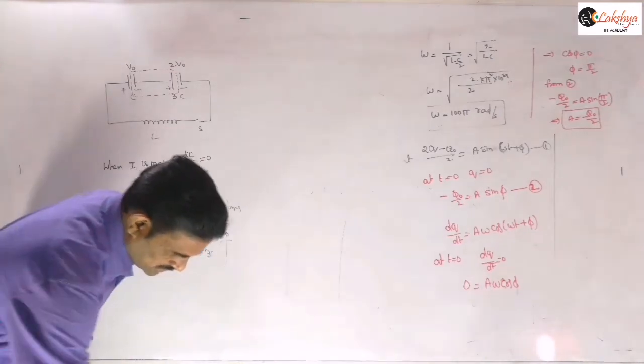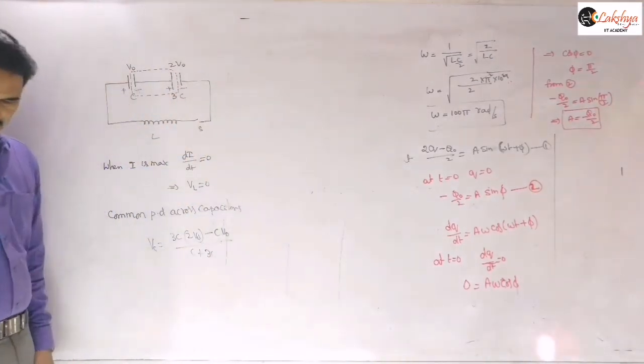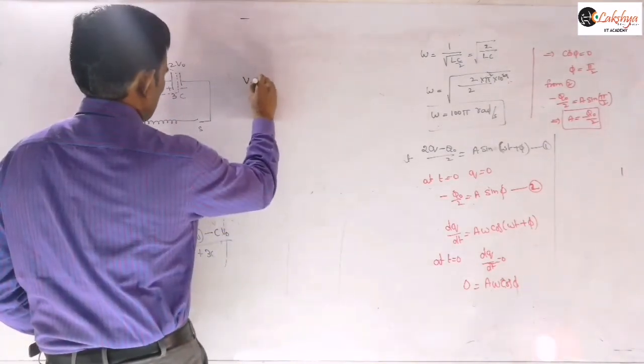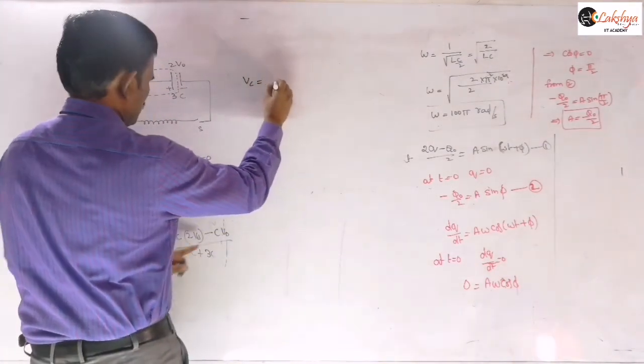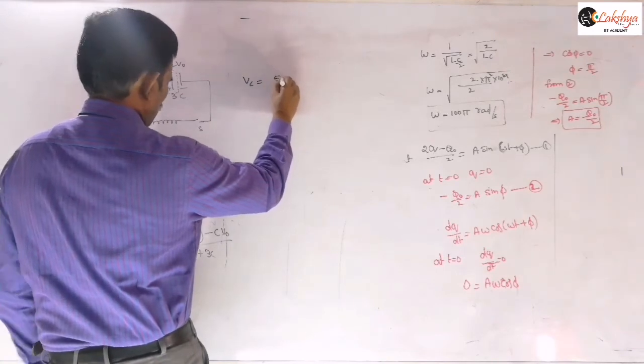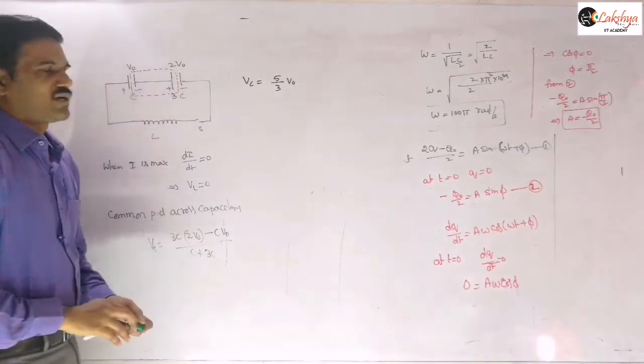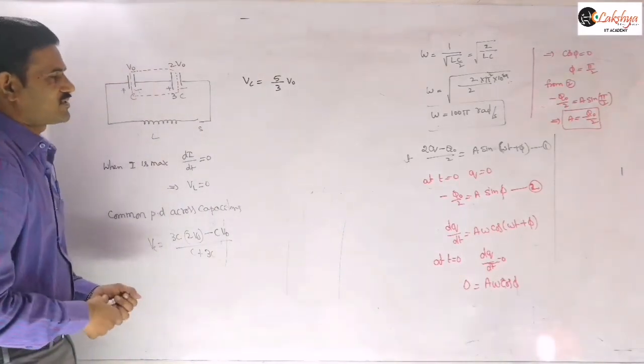So that will be the potential difference. Now you can simplify this as Vc is equal to (6 minus 1) by 4, that is 5 by 4 V0. That will be our common potential difference, right?